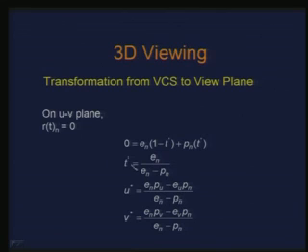And now, by substituting this t prime, I can get u star and v star, right. So, these are my transformed points u star and v star, right.